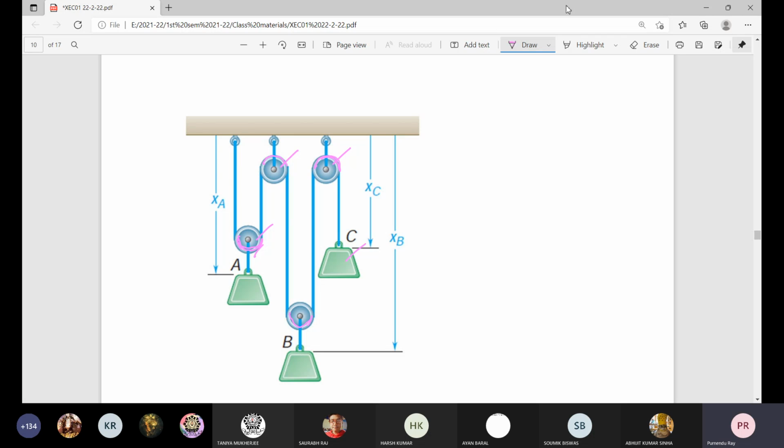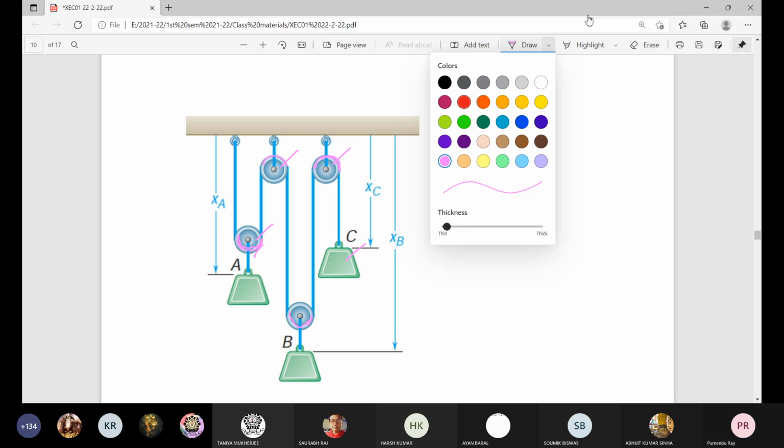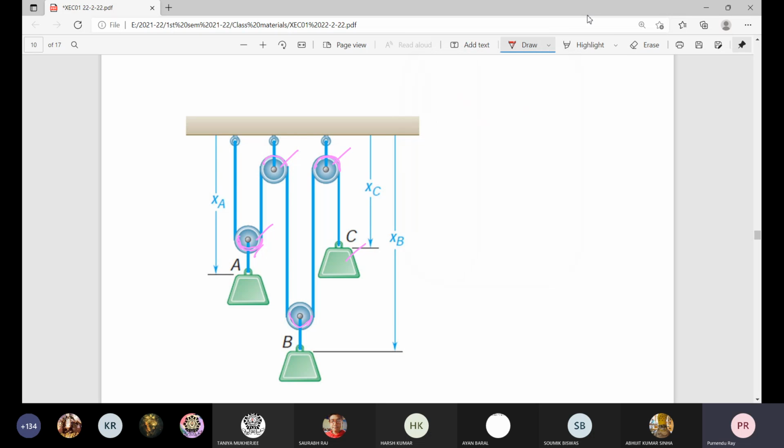Now this distance xA is coming twice, for this part and for this part. So twice xA, plus for B 2 times it is coming, plus the position for C, xC, is coming only once.